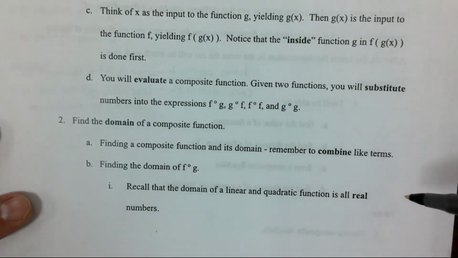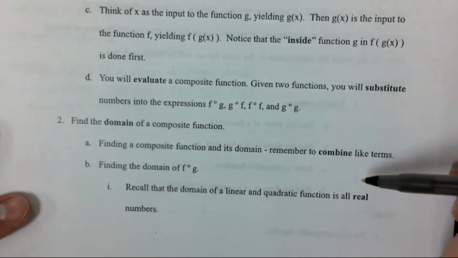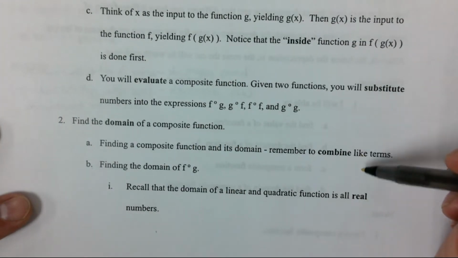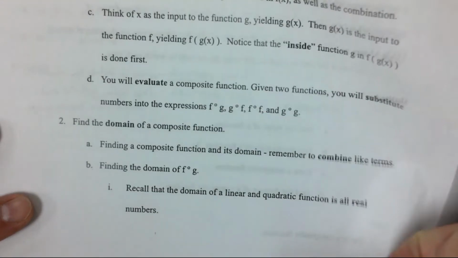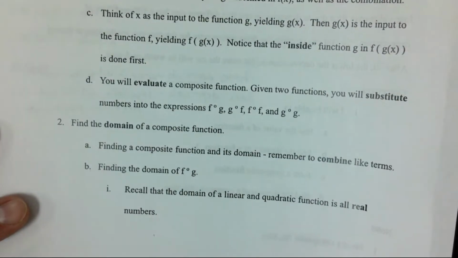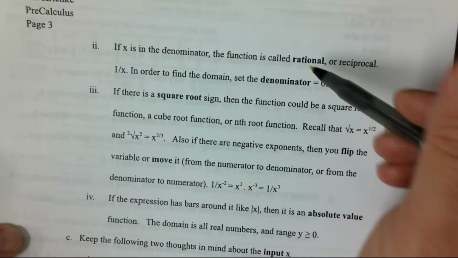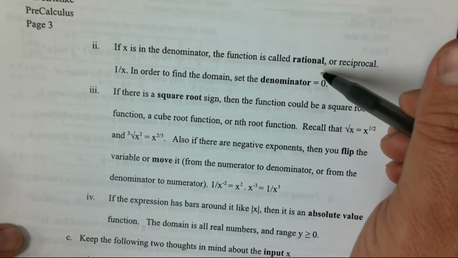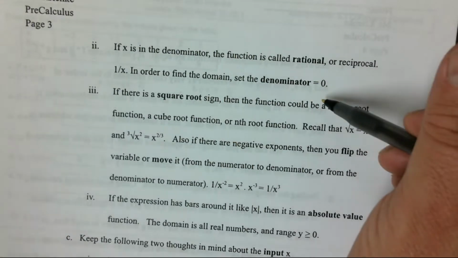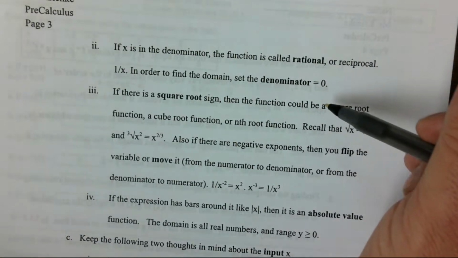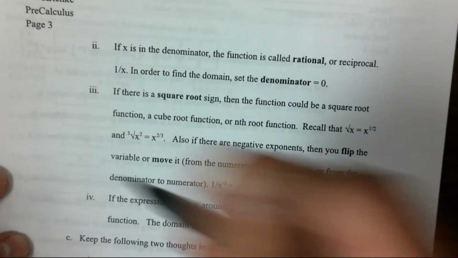When we talk about the domain of the function, you'll have to form it and combine your like terms. If it's linear or quadratic, then the domain is all real numbers because there's no break in it. If it's rational, then the denominator would need to be set equal to 0. So if it is just 1 over x, it's going to be all reals with x not 0.